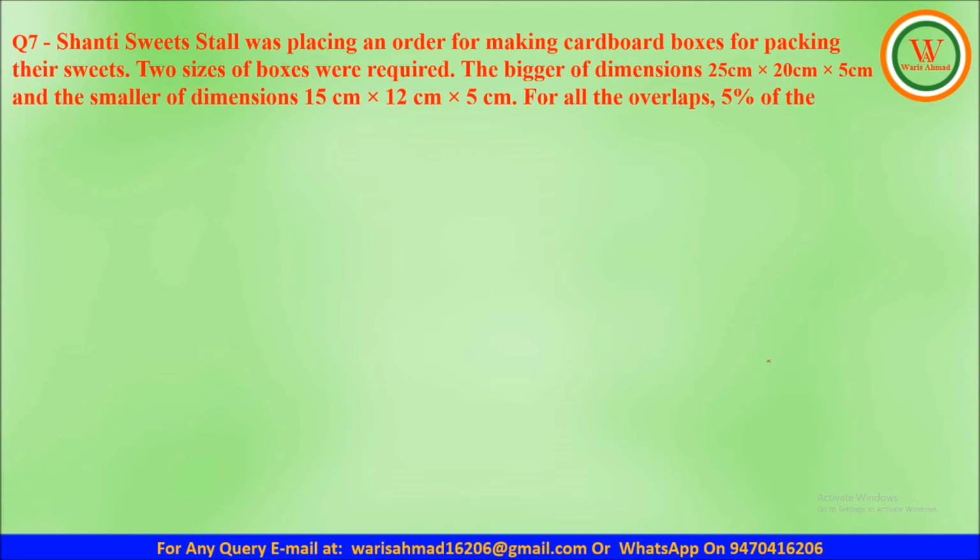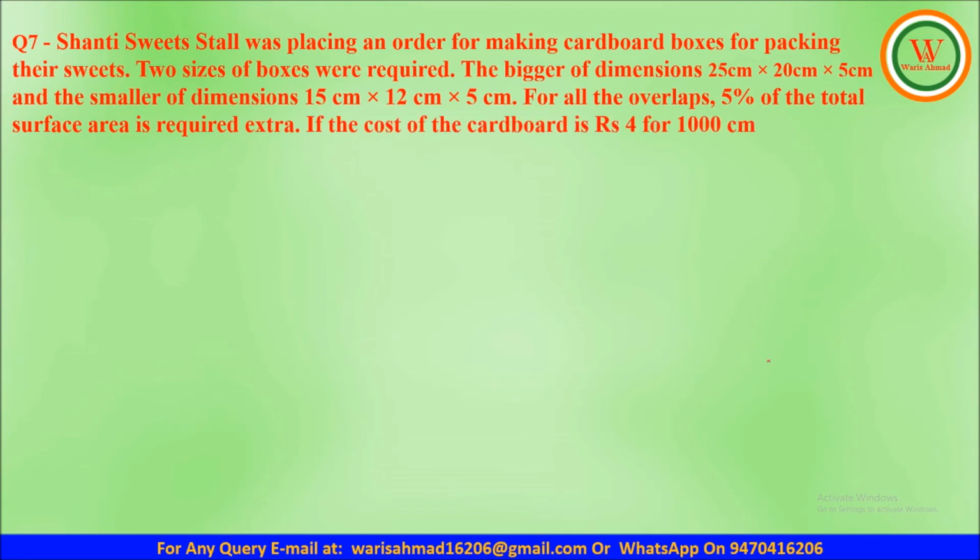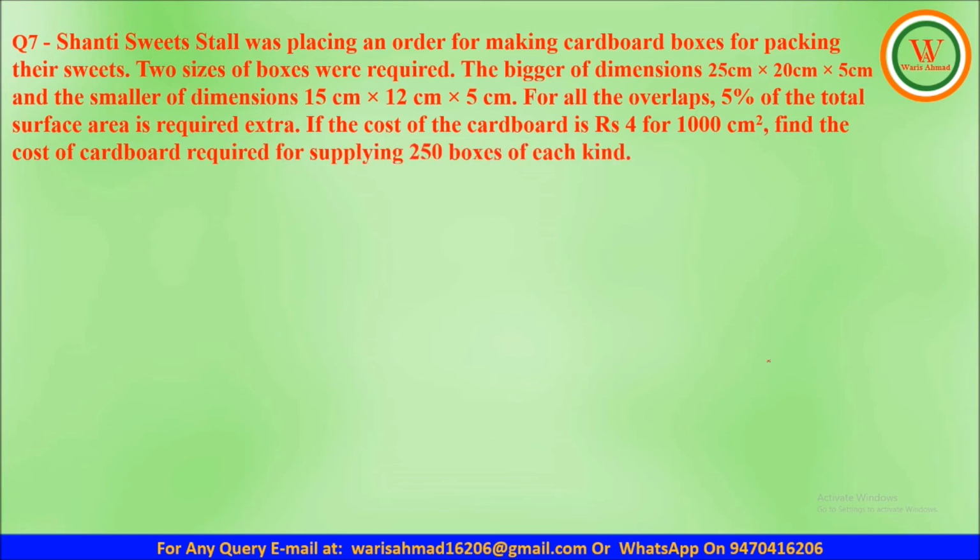For all the overlaps, 5% of the total surface area is required extra. If the cost of the cardboard is rupees 4 for 1000 centimeter square, find the cost of cardboard required for supplying 250 boxes of each kind.